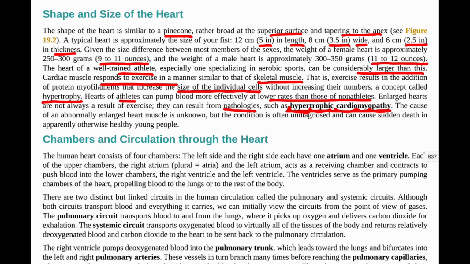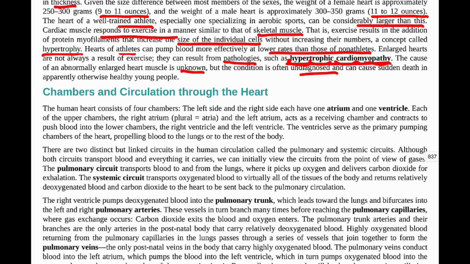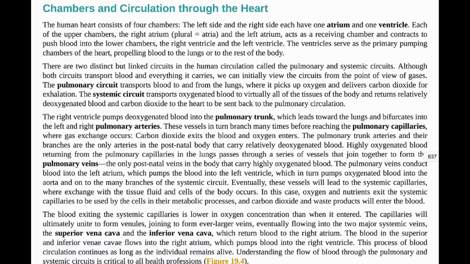The cause of this is unknown. A lot of times they don't really know what's going on, but it often goes undiagnosed and can cause sudden death in otherwise healthy young people. But we do see that in athletes, but their heart is more efficient. It's been developed that way to be more efficient.